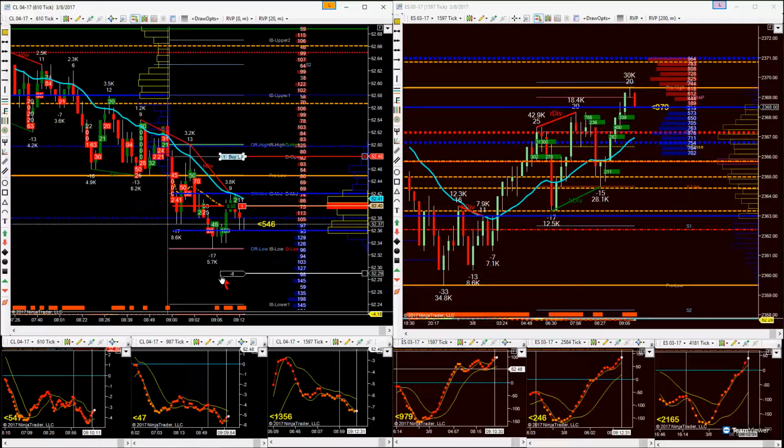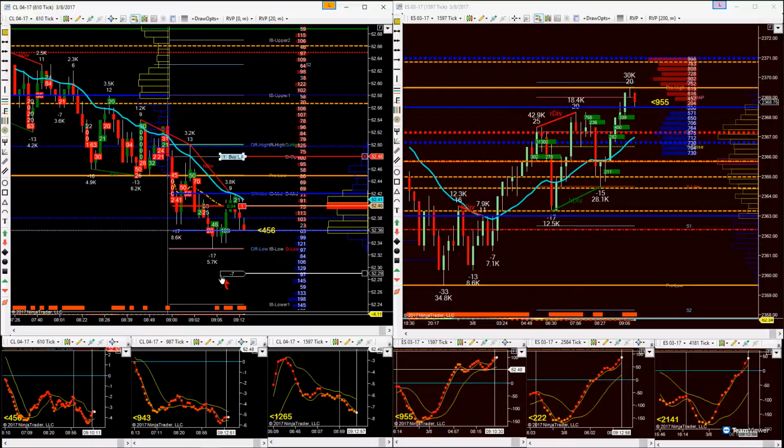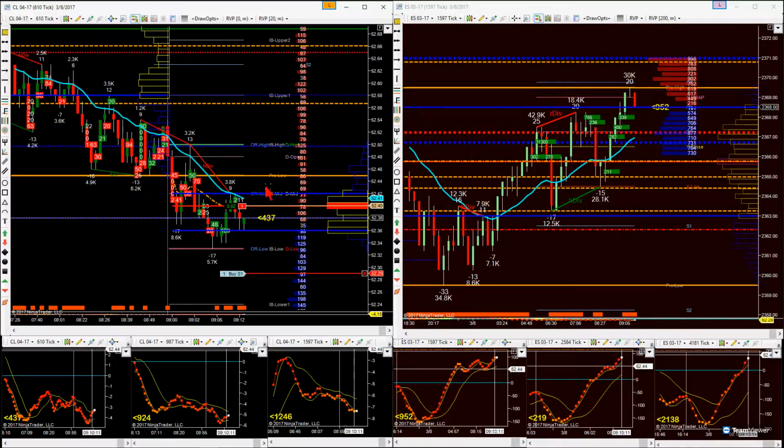Now, again, that could shift and change in a second. There it is again. Now we need to see them start hitting these bids and see what happens. All right, now it's decreasing a little. Now it's decreasing. I'm not even looking at the BBs right now. It has nothing to do with this trade. All right, I'm out.